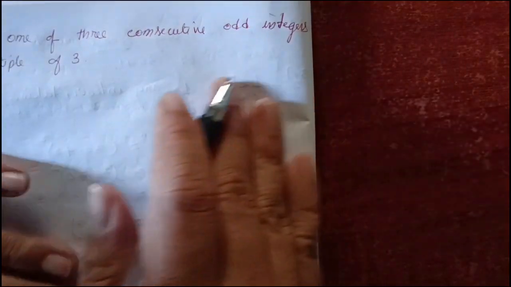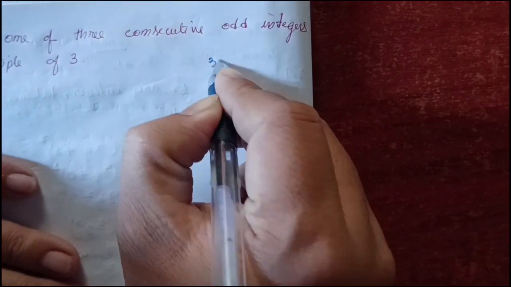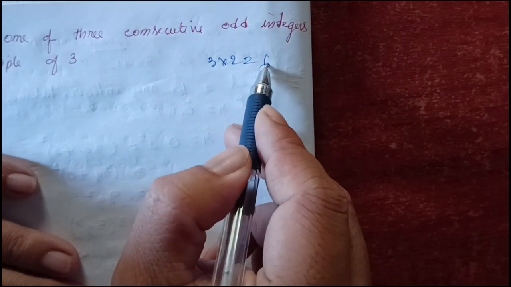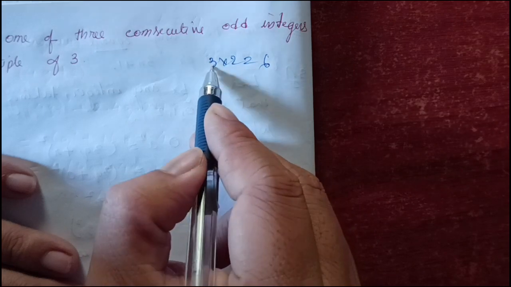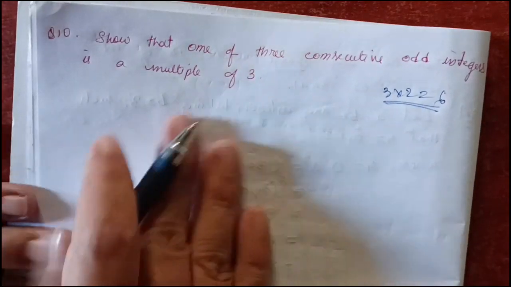If you don't know multiple, last time I already told you. Look here, 3 2s are 6, so we can say that 6 is a multiple of 3. All right, so let us solve this question.